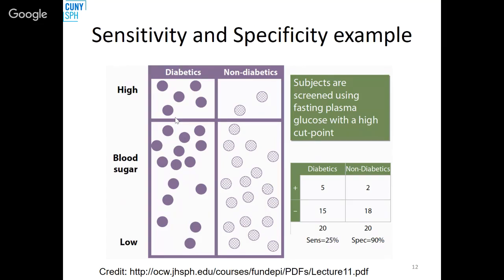So if you are being told that test B is better than test A, you should ask the person who's telling you, how is it better? If it's just that it has better sensitivity, you should ask, well, is that because it has terrible specificity? Is it really better overall?